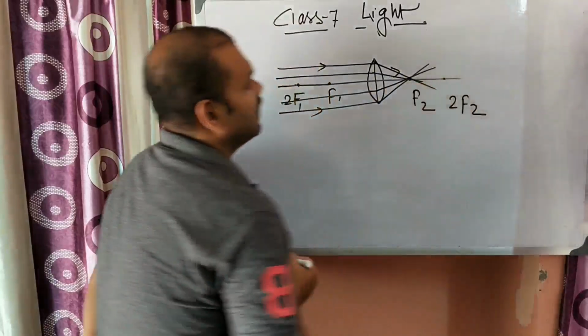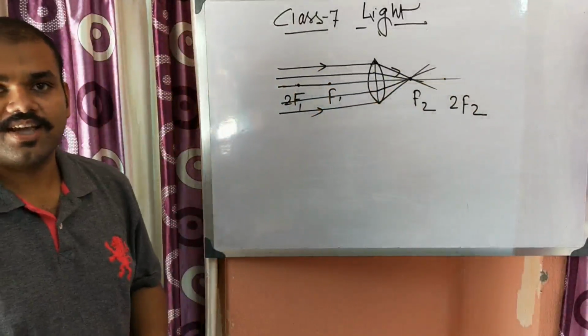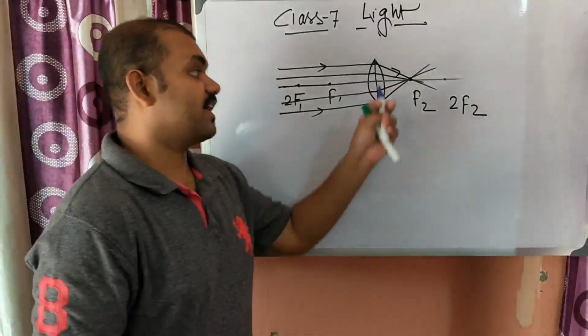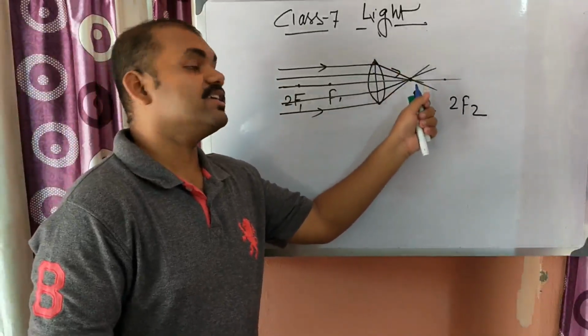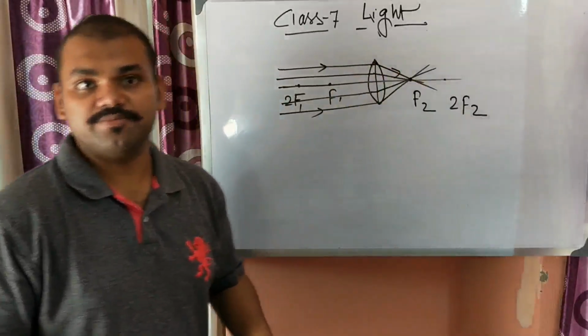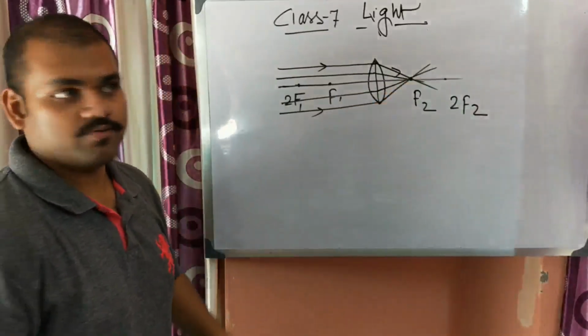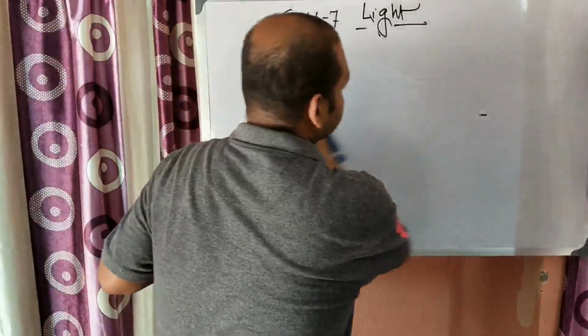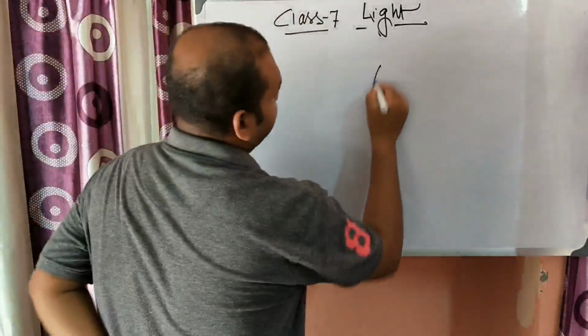We'll get a highly diminished image in this case, and it is a real image. What is the position of the image? At focus. Next, let us consider the second position. What is the second position?